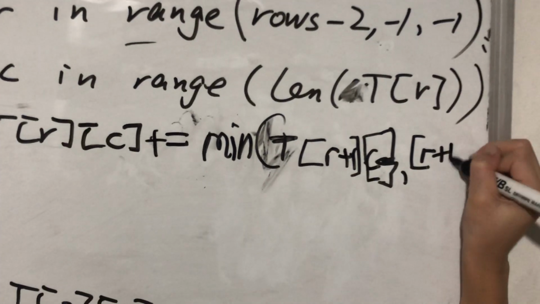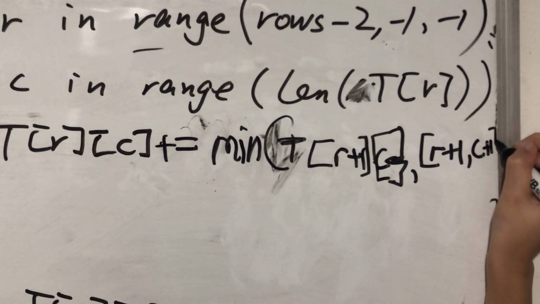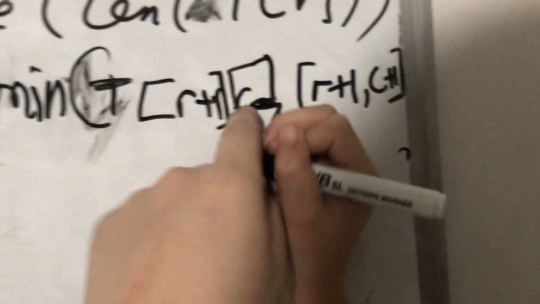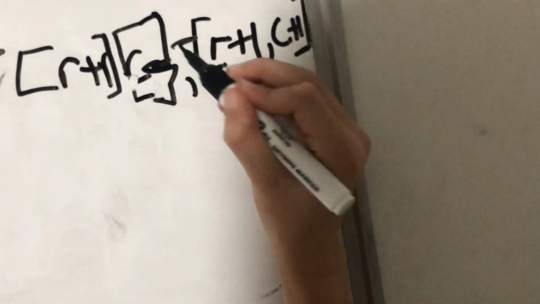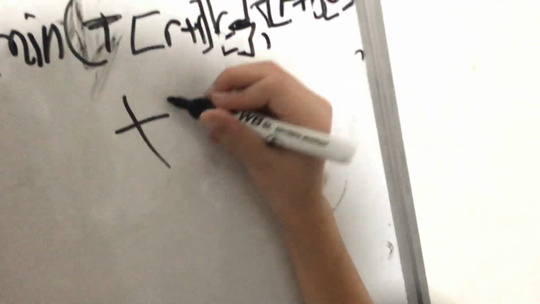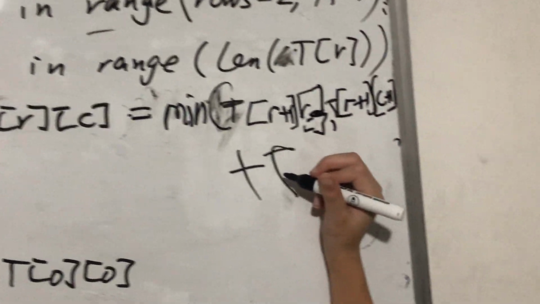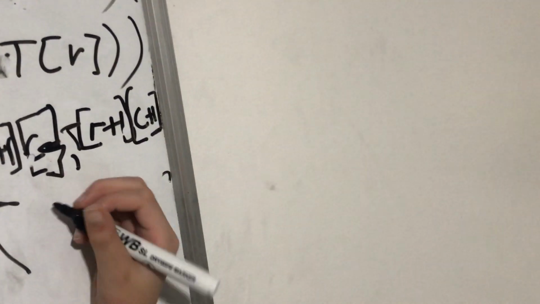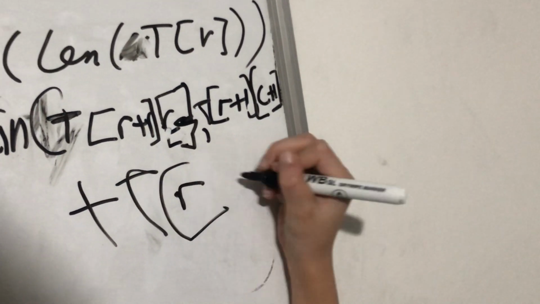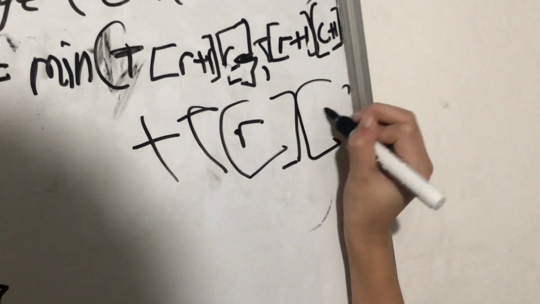Not finished yet, almost. T, and then there's a bracket here. You need to do it like that. Add T R C, because for T R C you want to keep the current value and then pick the minimum of the next two options, right? Got it? Does it make sense?